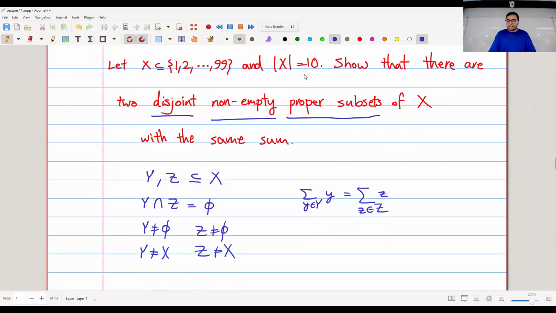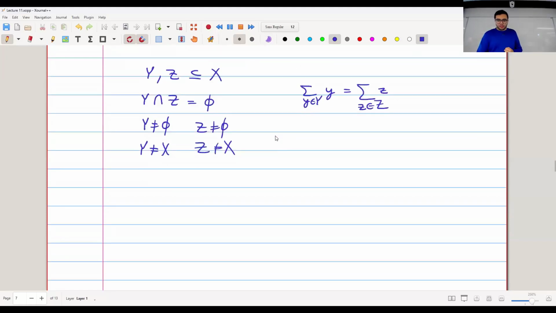X is a set of size 10, so it has 2 to the power of 10 subsets. But we have to do minus 2 because we cannot take X and we cannot take the empty set. Okay. So we have 1022 non-empty proper subsets of X.